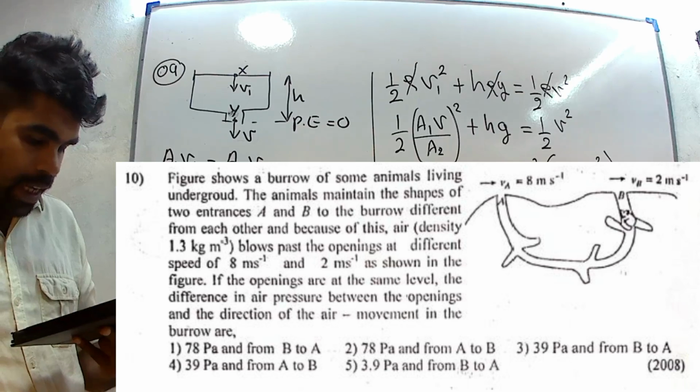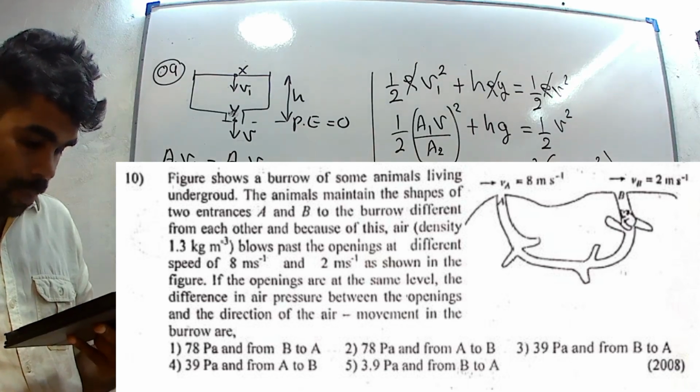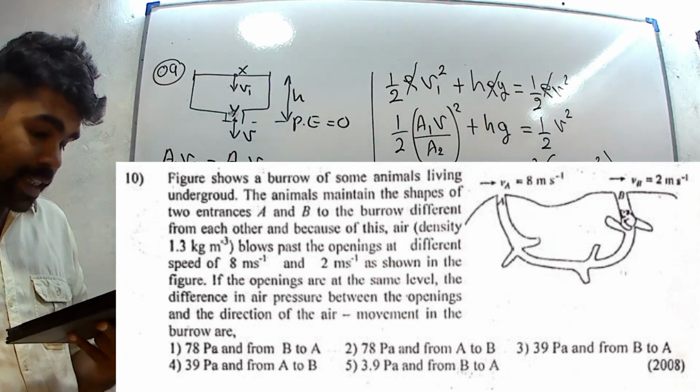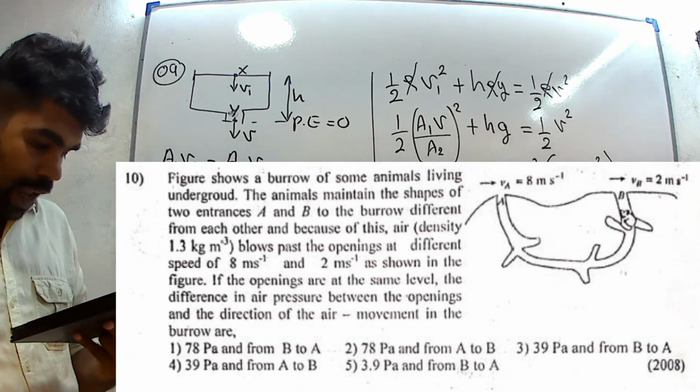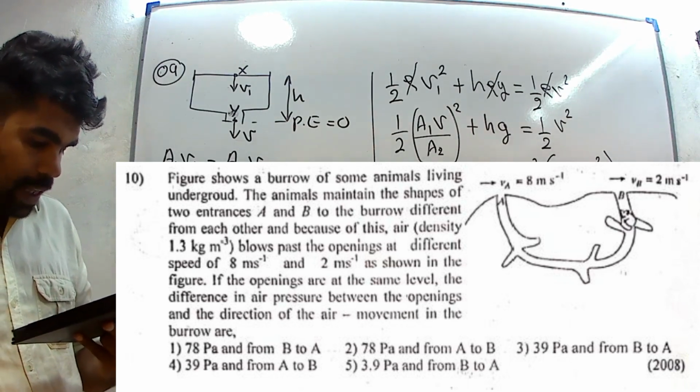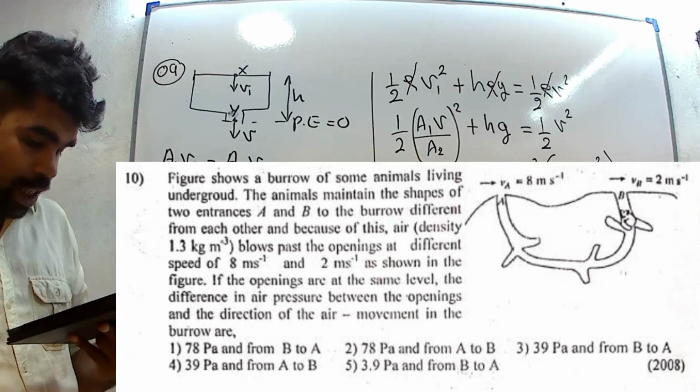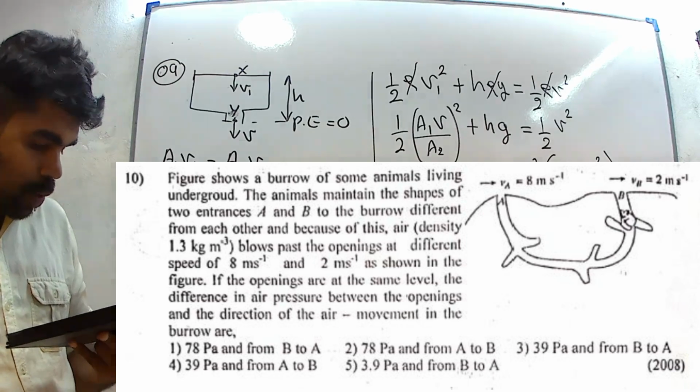If the openings are at the same level, find the difference of air pressure between the openings and the direction of air movement in the burrow.